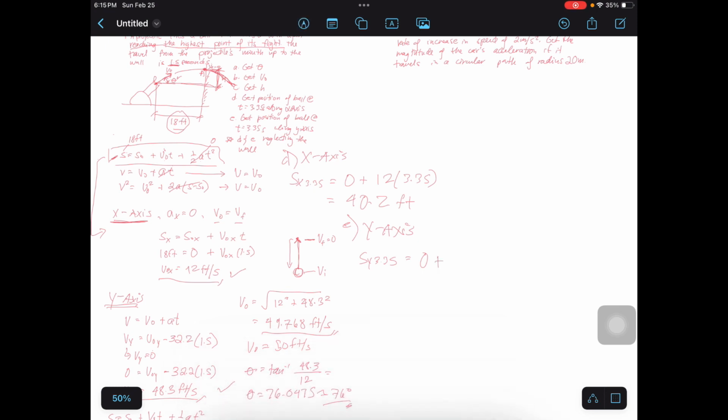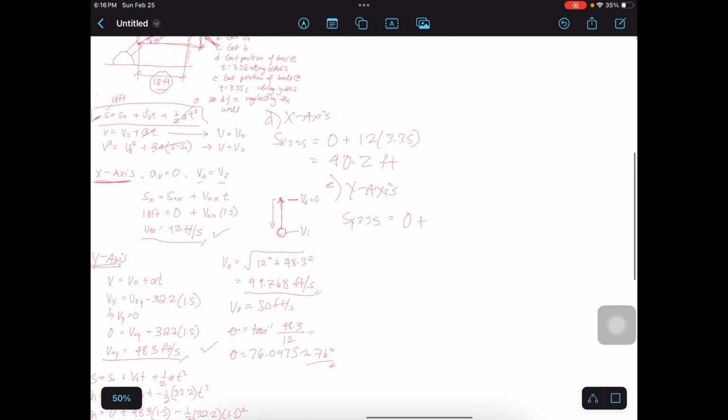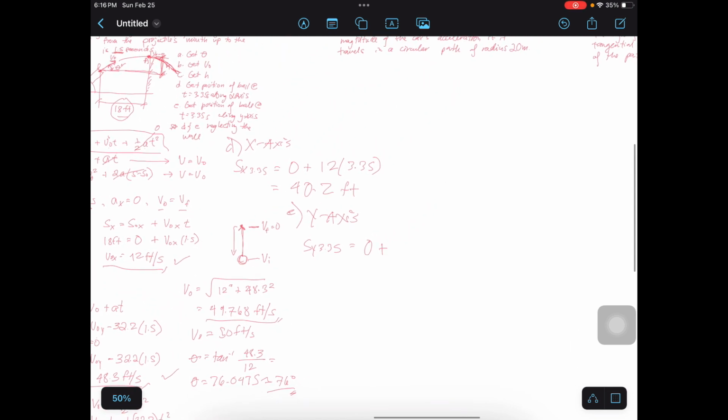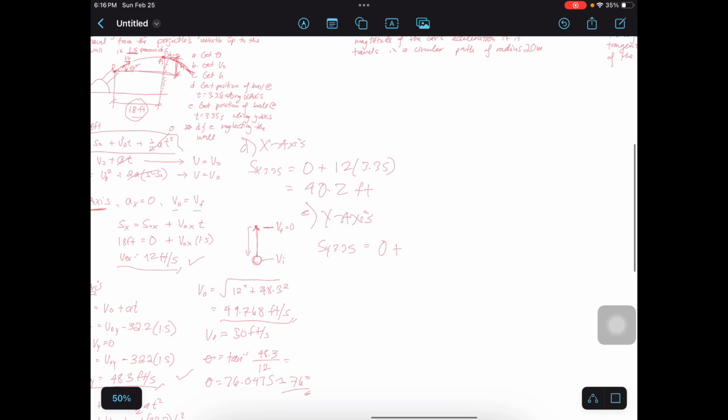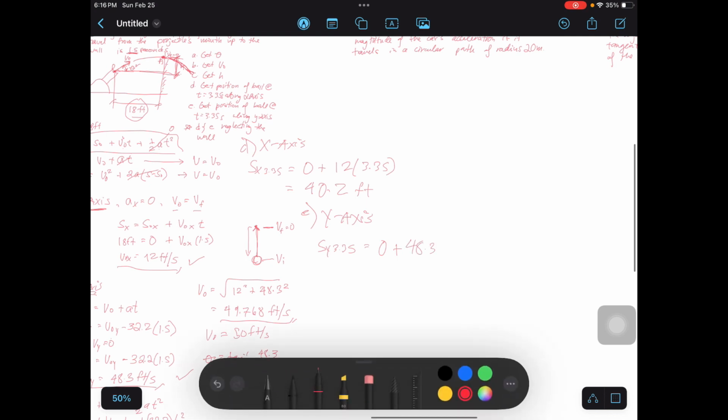V0y, 48.3. 48.3 times 3.35 seconds minus 1/2 ng g, which is 32.2, and 3.35 seconds squared.